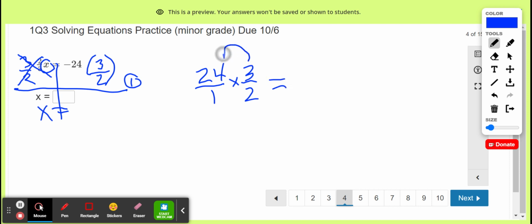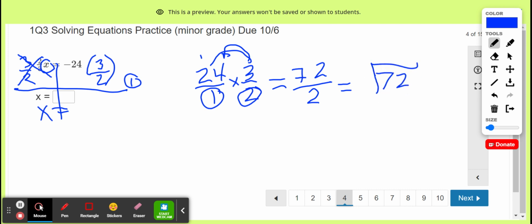So we got 3 times 4, which is 12, carry the 1. And then 3 times 2, which is 6, plus 1 is 7. And then 1 times 2 is 2. And so we divide 72 by 2. 2 goes into 7 3 times. 3 times 2 is 6.